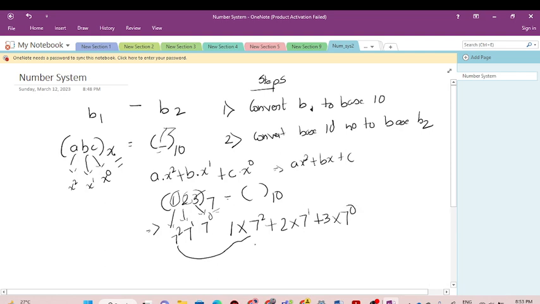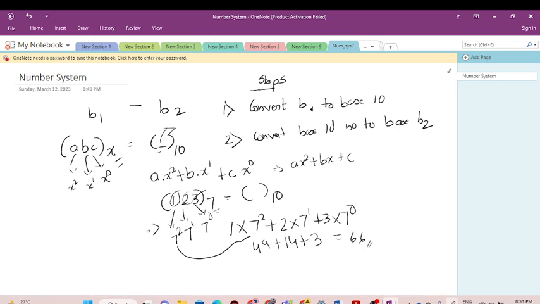What is 7 square? This is 49, plus 2 sevens are 14, plus 7 raised to 0 is 1, so 3. So this will be 63, 66. Yes, 66. So this is the answer we get. This is one example of how we can do it.